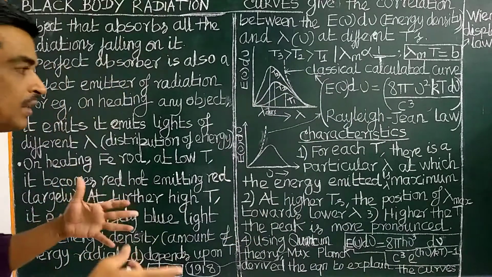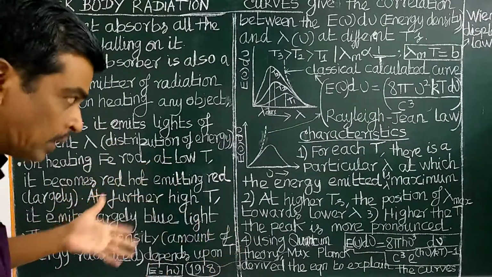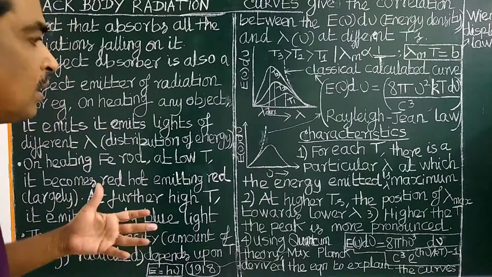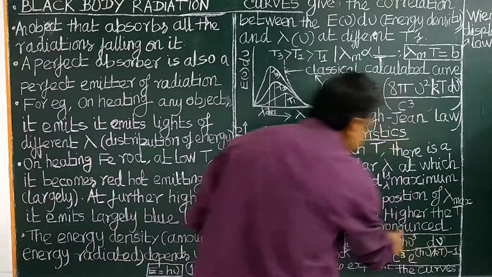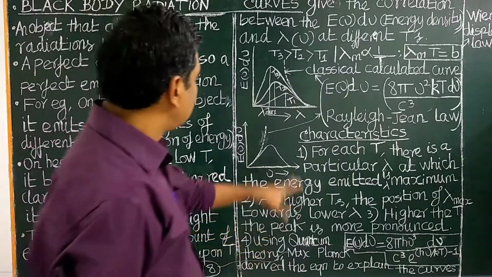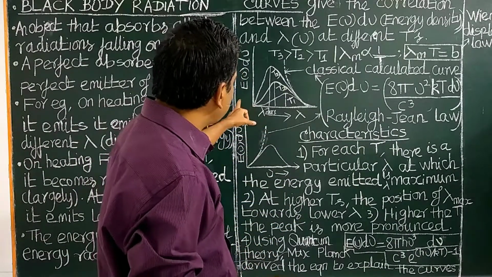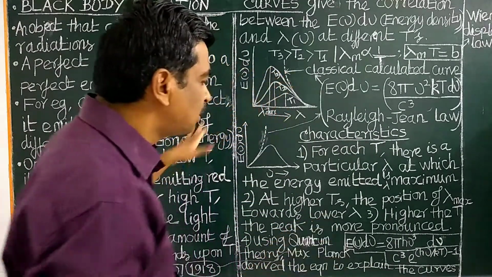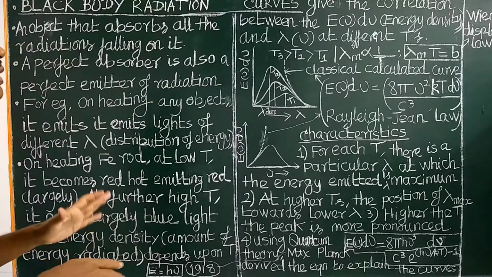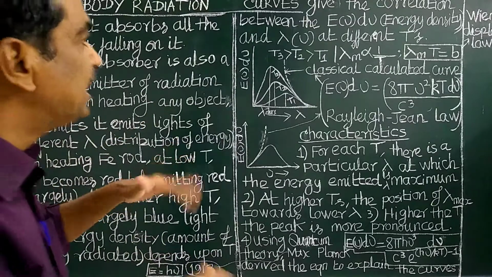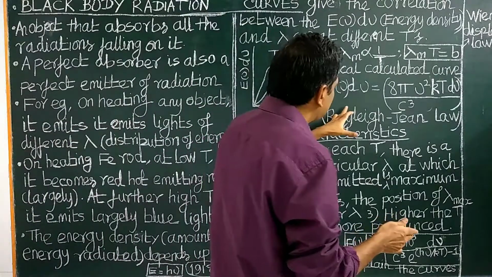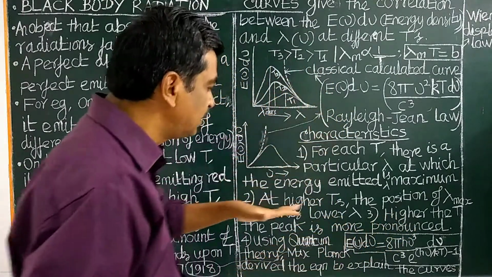The energies are emitted in discrete packets called quanta. Using this expression, the black body radiation curves could be explained. Therefore, the black body radiation curve shows the inadequacy of classical theory.